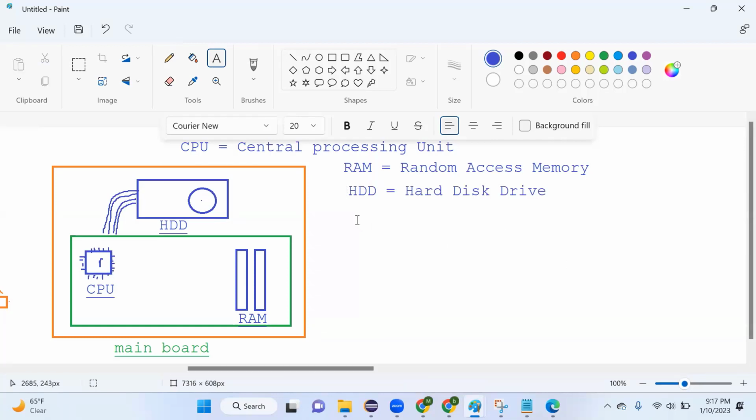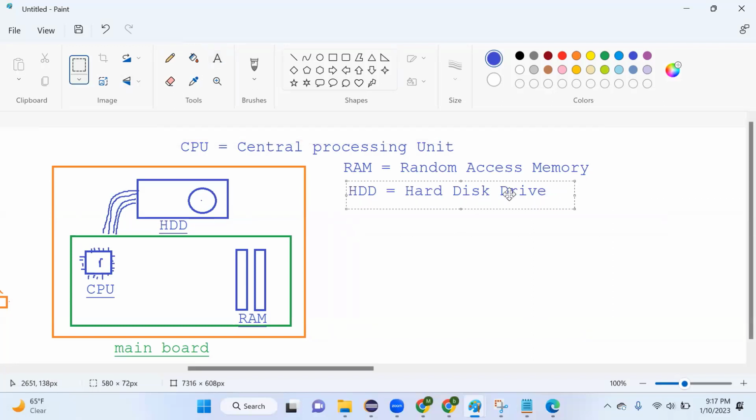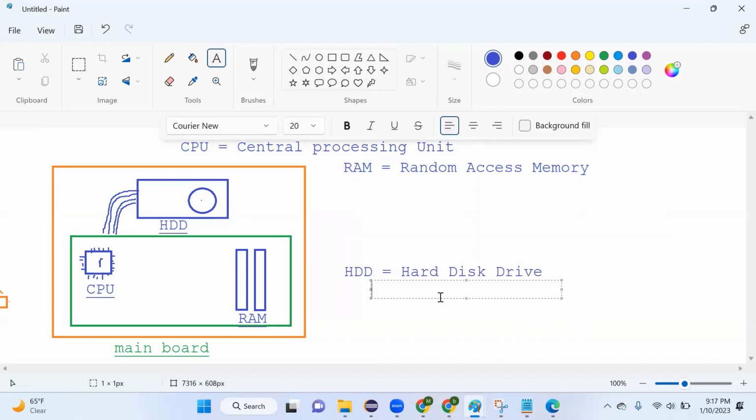But now, which technology is in use? So this hard disk is for storing permanently. Hard disk stores permanently. Metallic hard disks store files permanently.